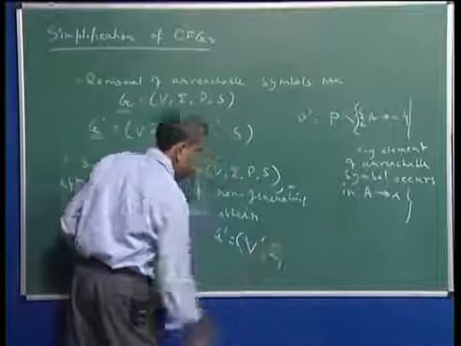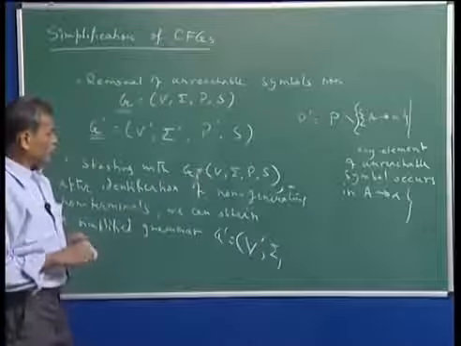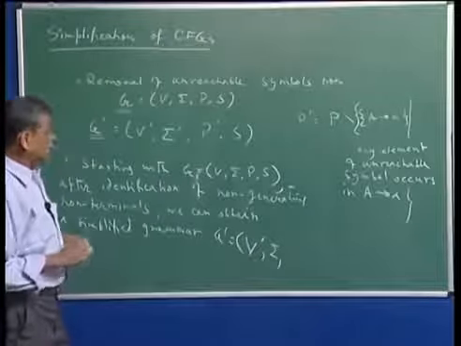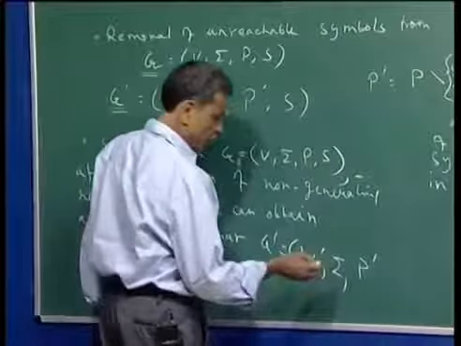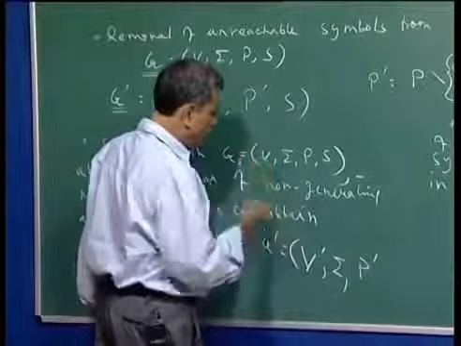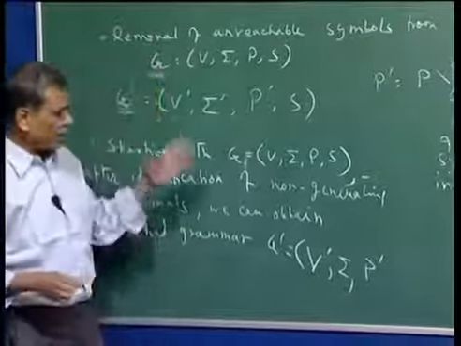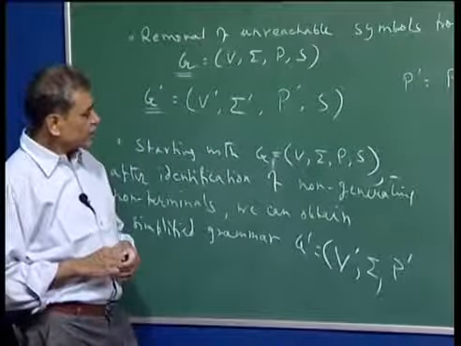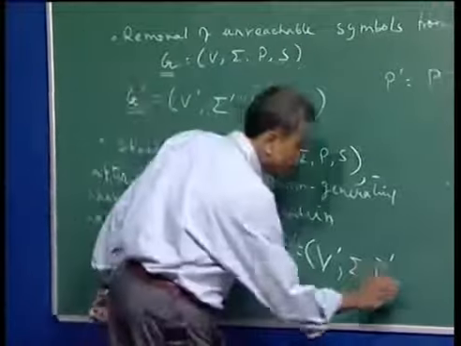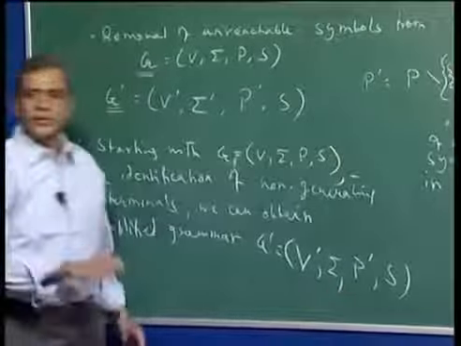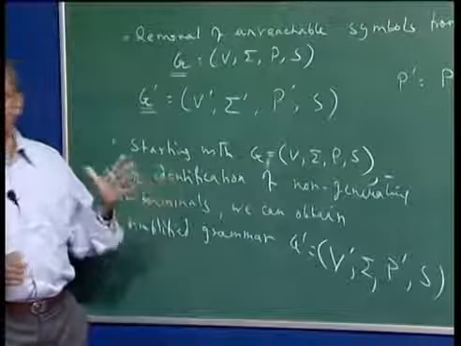Sigma does not change because we are just talking of non-generating non-terminals. P possibly obviously would change if we have removed some symbols from V, that is if we have identified some non-terminal to be non-generating, and we will assume that S is always generating.